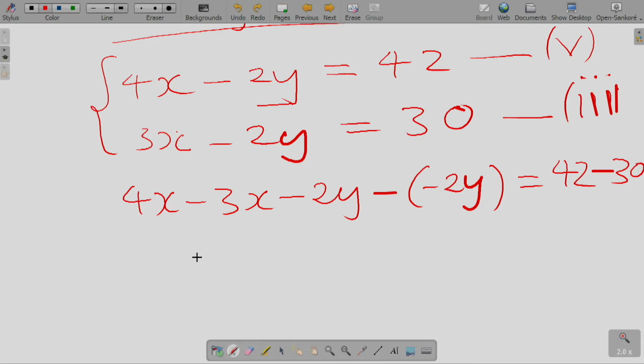So 4x minus 3x will get x, minus 2y, minus times minus equal to positive, so it will be positive y, equal to 42 minus 30, so it will remain 12.